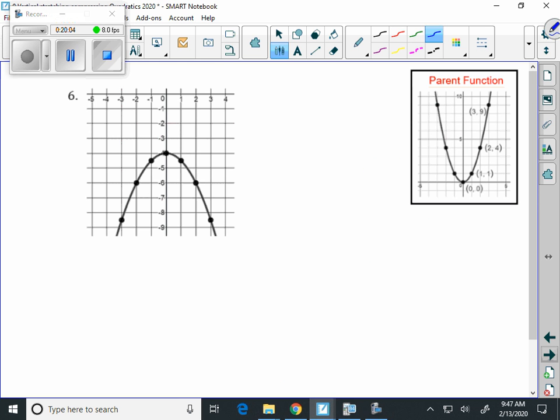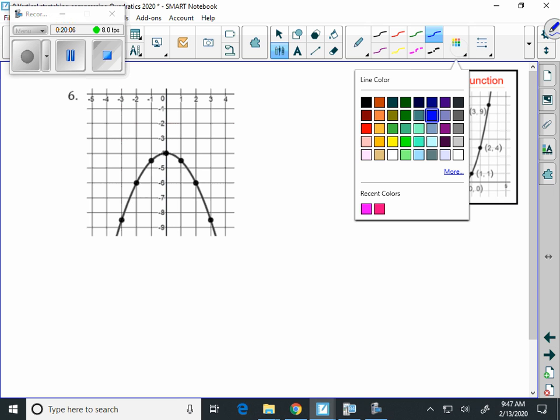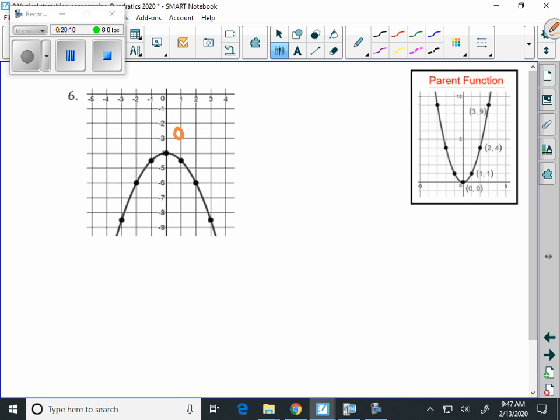Number 6, start with the vertex again. Well, when we start with the vertex, our vertex is 0, -4. And what that tells us for our picture is that we went down 4. We didn't go right, we didn't go left, but we did go down 4.